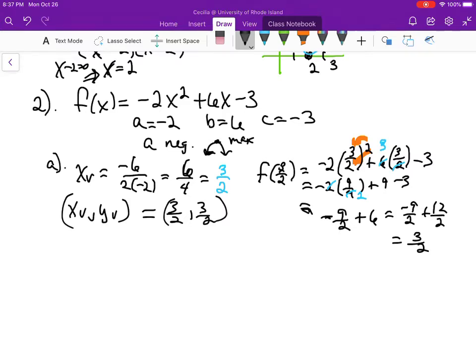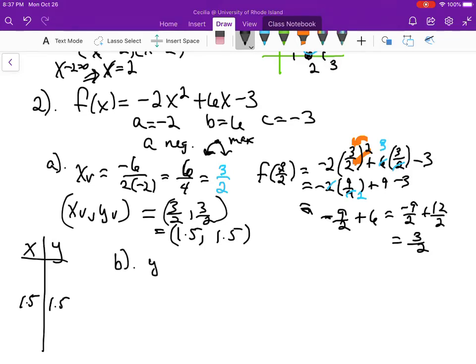And maybe we can start putting together another xy table for our parabola. We know that the vertex is going to have an axis of symmetry, so let's go ahead and write this. We can write this as 1.5, 1.5 if you'd like, but we're going to find points on either side of that. All right, so B says, what's the y-intercept? Remember, this is the one that's easy.